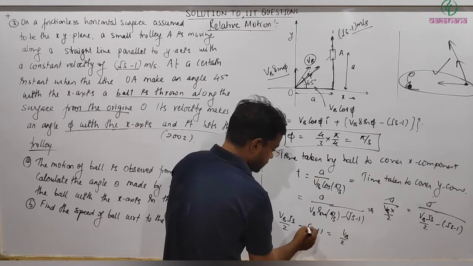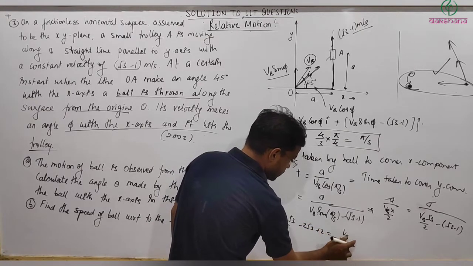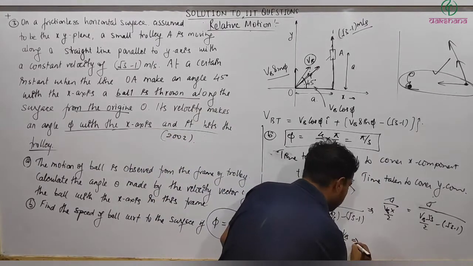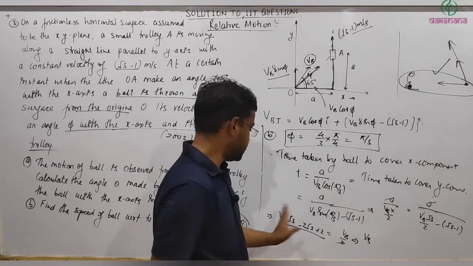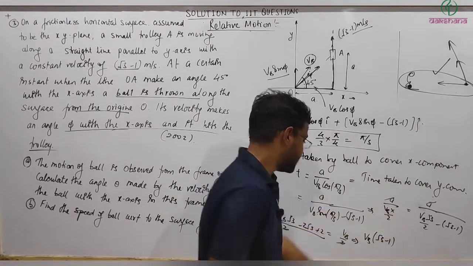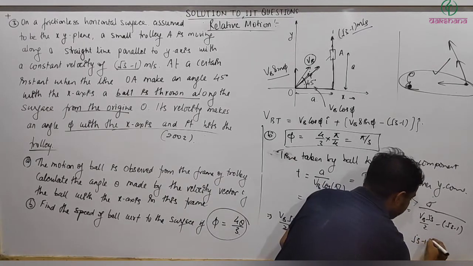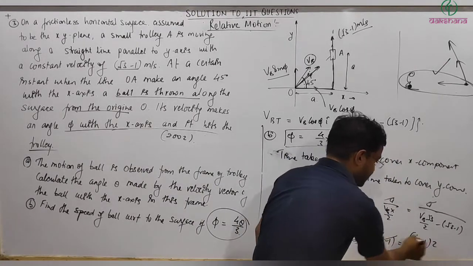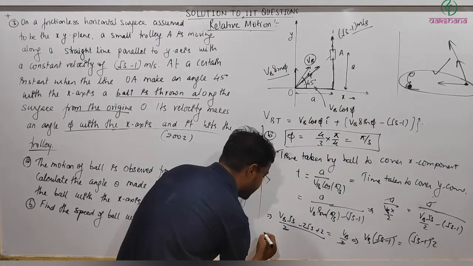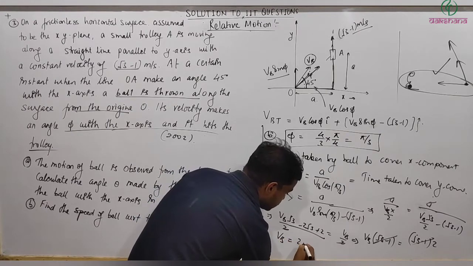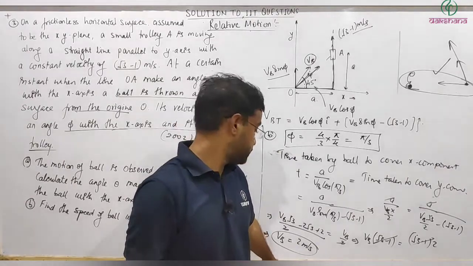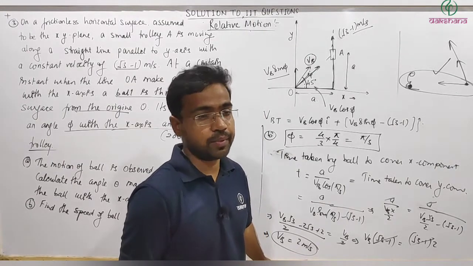Taking LCM, the 2s cancel, and rearranging, VB into root 3 minus 1 equals root 3 minus 1 into 2. This getting cancelled out, VB is coming out to be 2 meter per second, and VB is the velocity of the ball in the ground frame, and that is the answer.